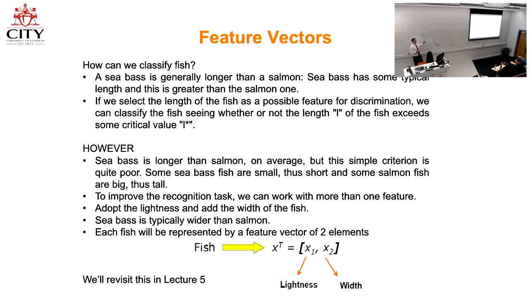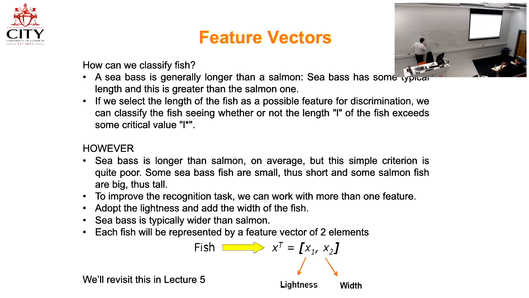There are a lot of things to consider. If I have a salmon here, what should I do? Should I just ignore it? Then this will reduce my performance. Or should I change my line into something like this, which is not a good idea most of the time? Or should I change the dimensionality of my input?